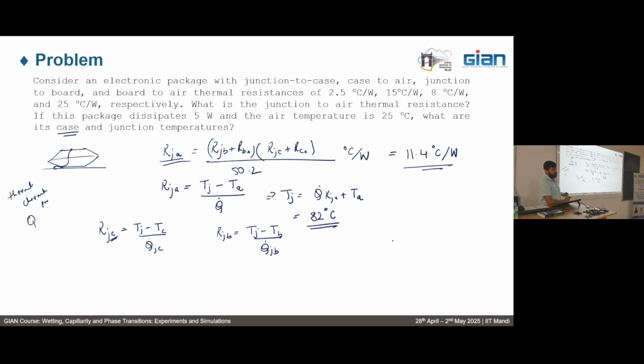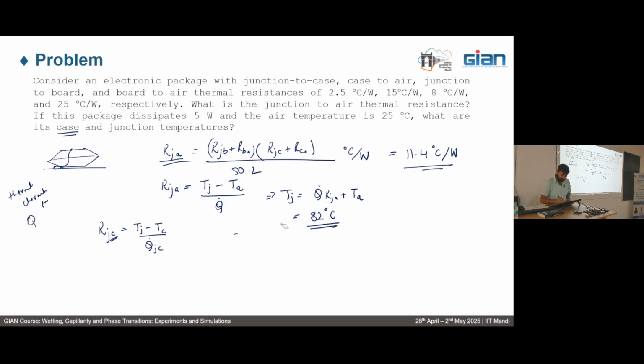Yes, then there will be a plus. We have not added this one resistance, I think, the board one. Okay, so we'll just do it again.